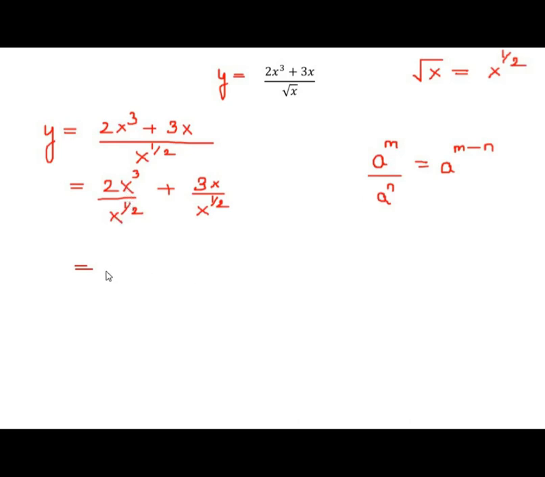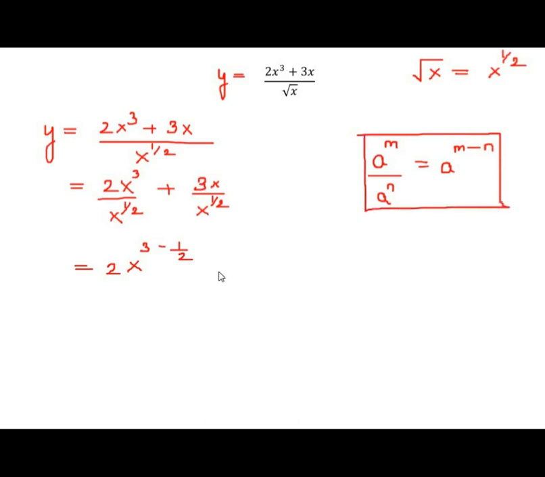Here if you see, I will write 2 the same way, and x and x are the same as we had a and a here. So I can write x and I can subtract the powers as 3 minus 1 over 2 using the laws of indices.